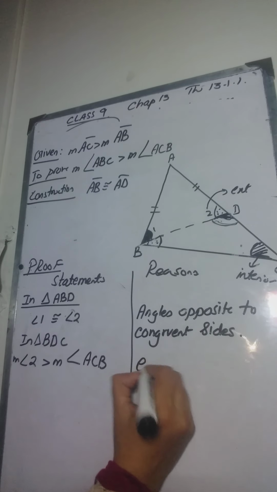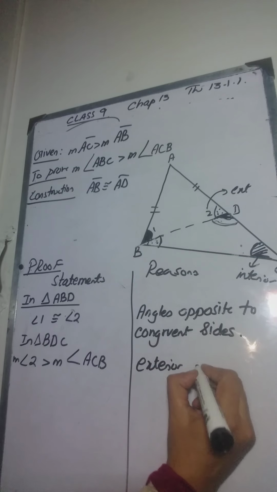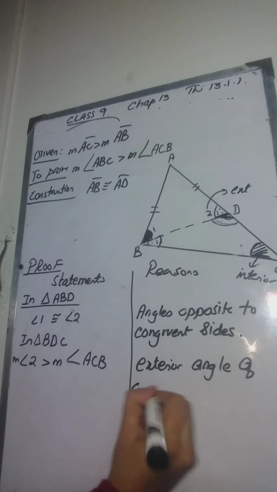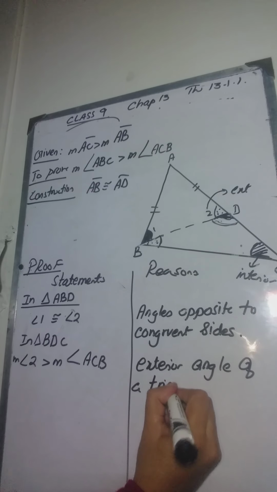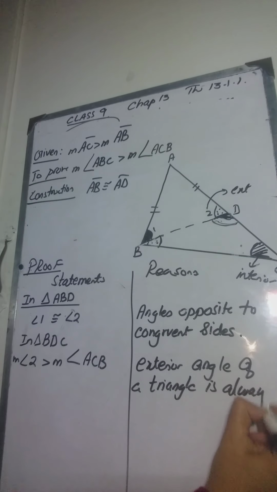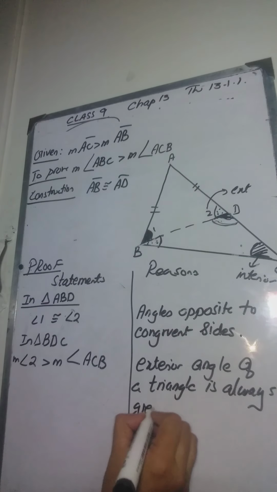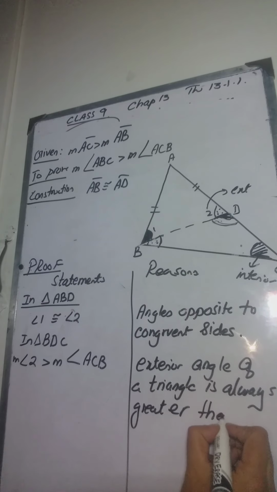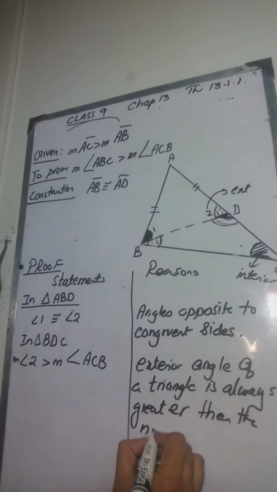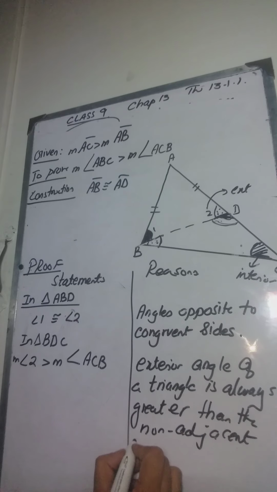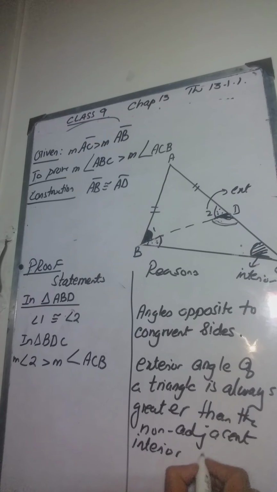This is because the exterior angle of a triangle is always greater than the non-adjacent interior angles.